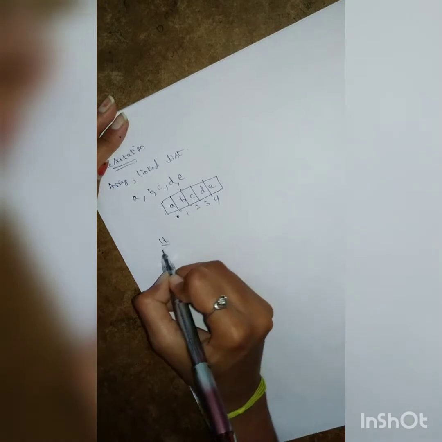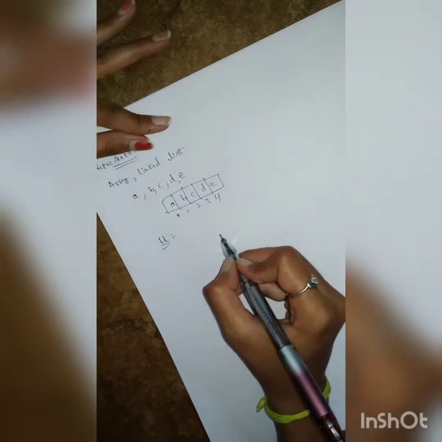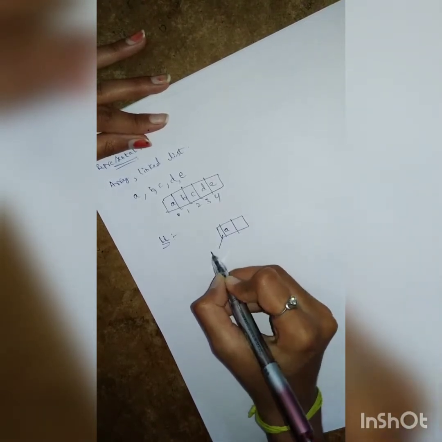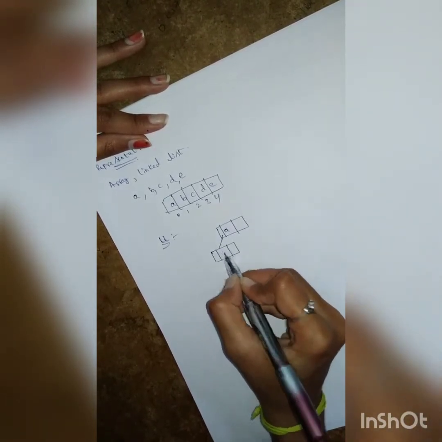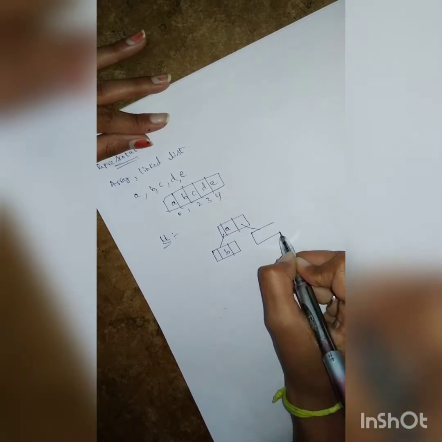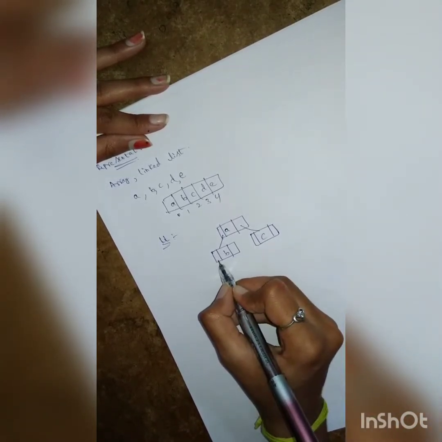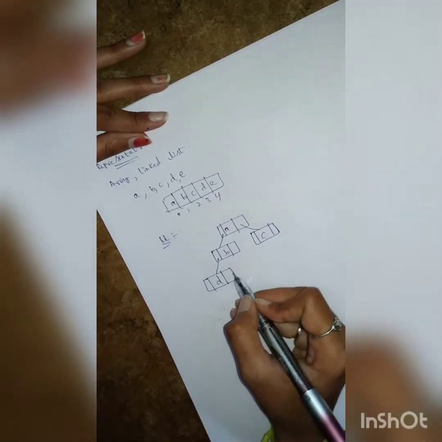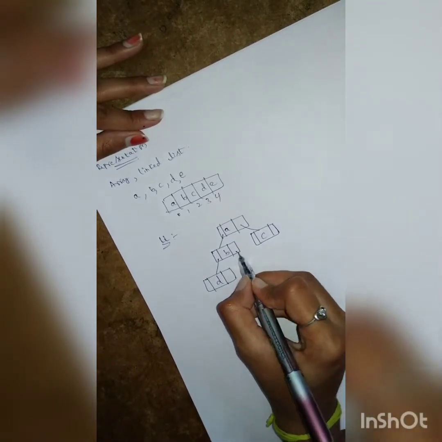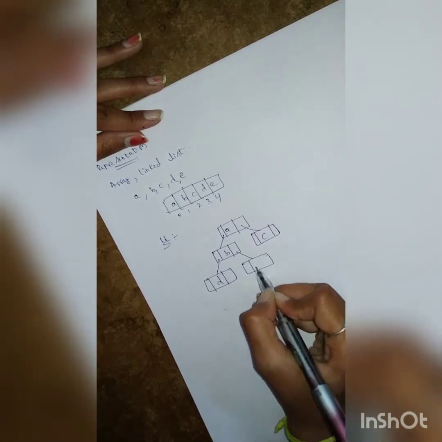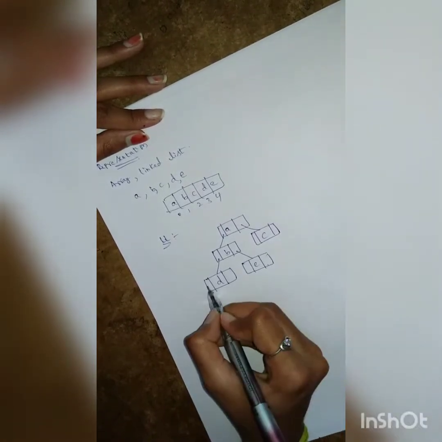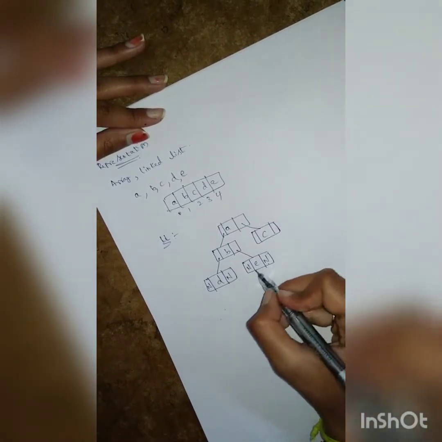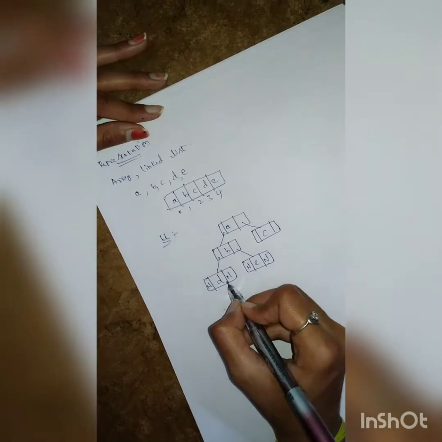Now linked list. How do we represent this in a linked list? A, as it is a binary tree, then C, D, E. This is null, this is null, this is null, this is null, because these don't have children.